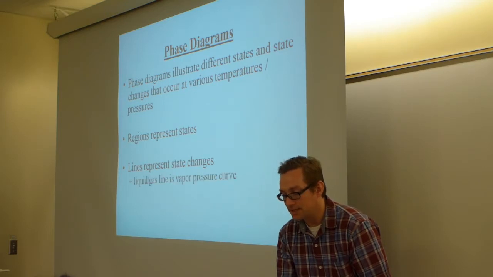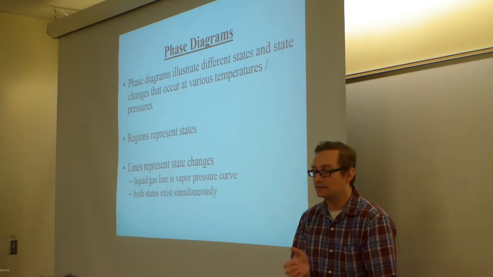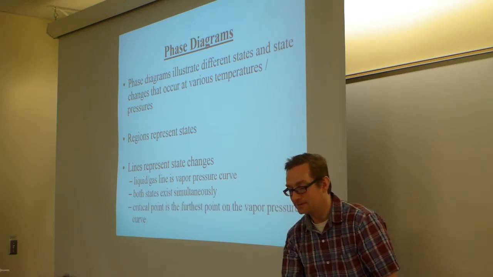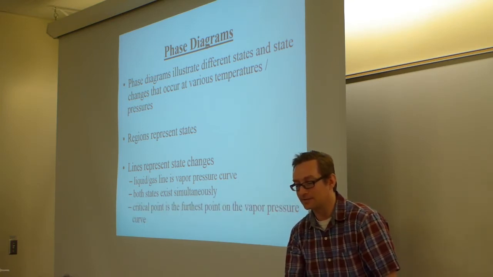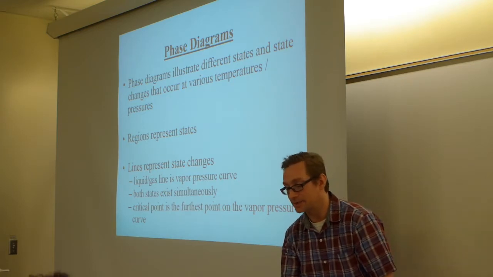Lines represent state changes. There's a liquid-gas line, which is the vapor pressure curve, and along that line, both the gas and liquid simultaneously coexist. The critical point is the furthest point on the vapor pressure curve. It's going to be really hot and at really high pressure.